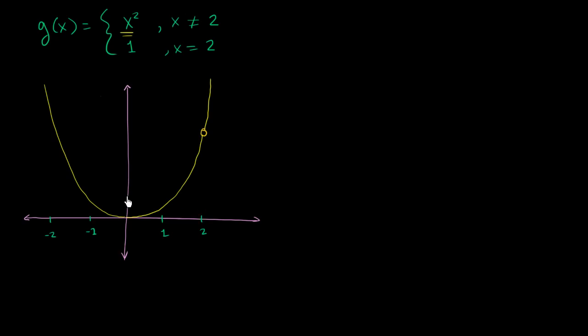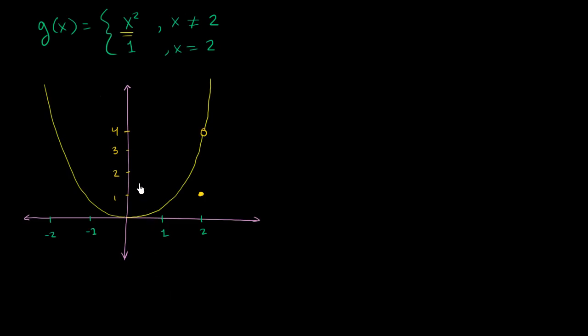I'm not doing them on the same scale, but on the graph of x squared, this would be 4, this would be 2, this would be 1, this would be 3. So when x is equal to 2, our function is equal to 1.